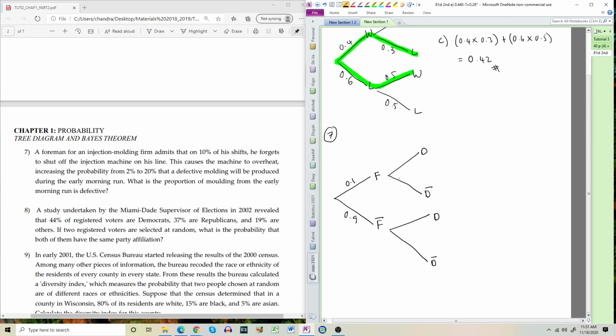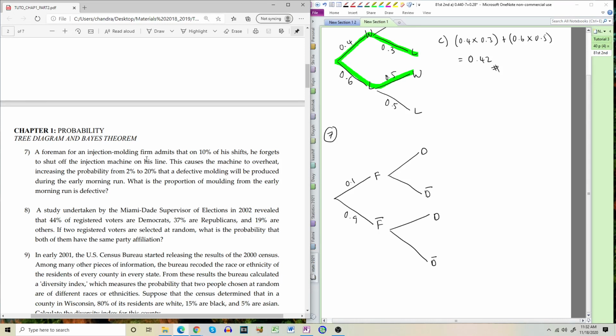If he forgets to shut off the injection machine, this caused the machine to overheat, increasing the probability of defective molding from 2% to 20%.